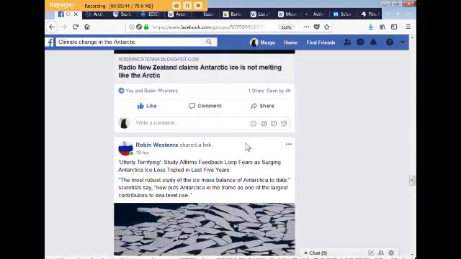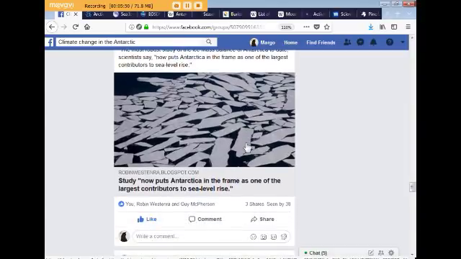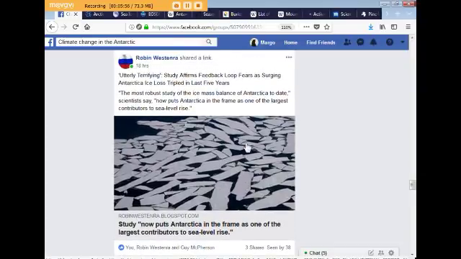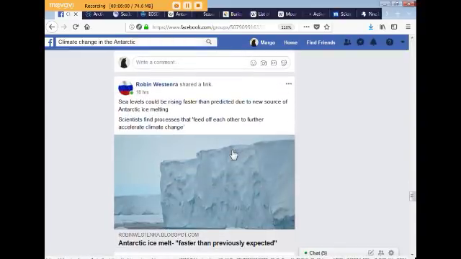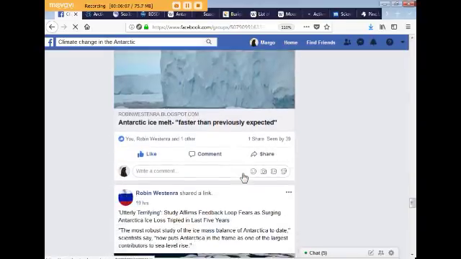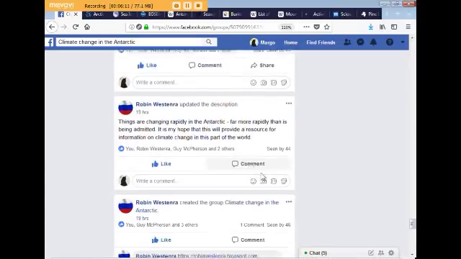So I encourage you, and here's a recent article: Study now puts Antarctica in the frame of one of the largest contributors to sea level rise. So this is no joke. And here's another one: Antarctic ice melt faster than previously expected. So, like I said, this is no joke.